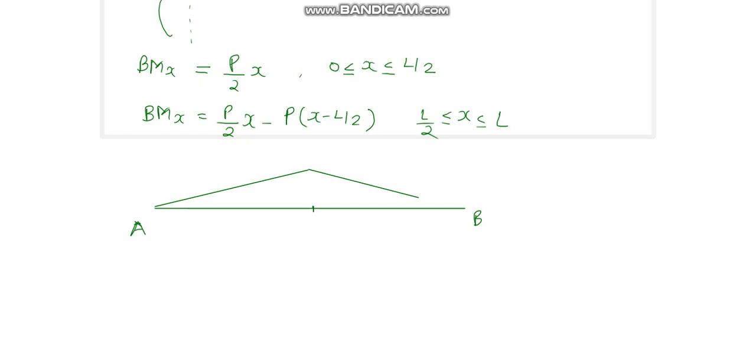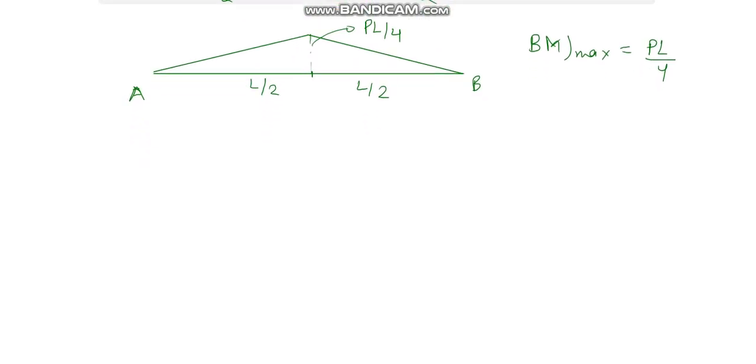So the bending moment diagram will look like this. The maximum bending moment will be at the point x equal to L by 2. If we put x equal to L by 2 here, we will find that it is equal to PL by 4. So bending moment maximum will be PL by 4.